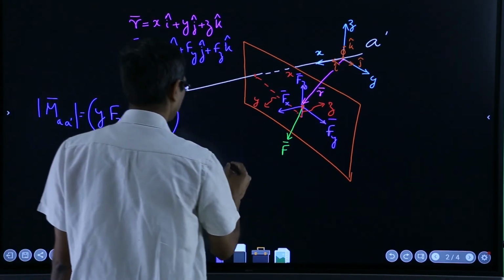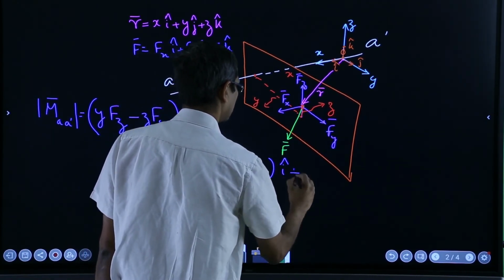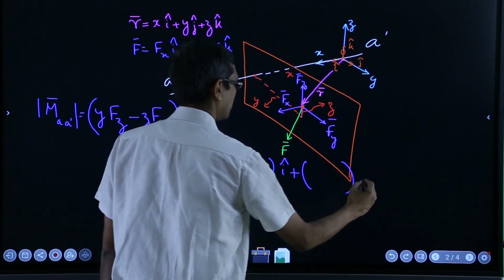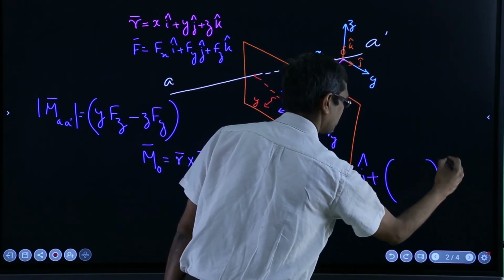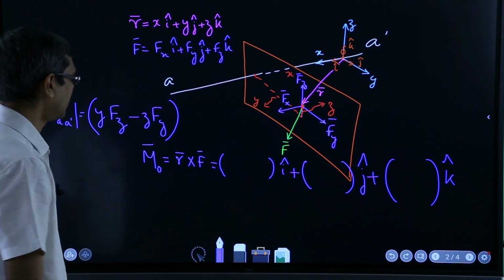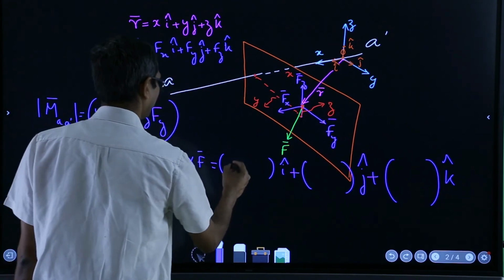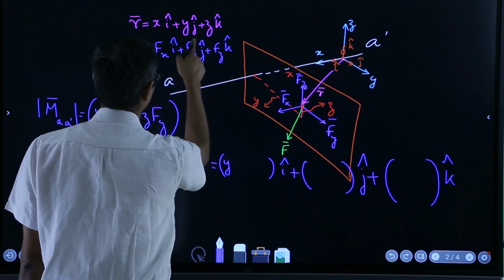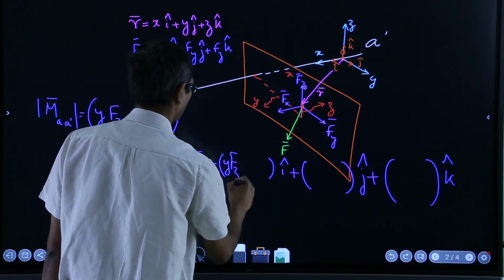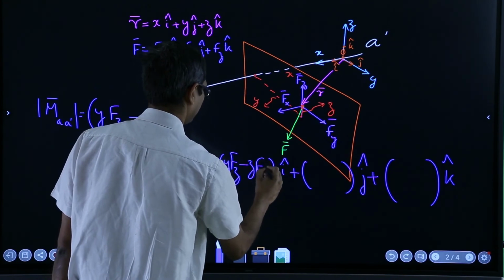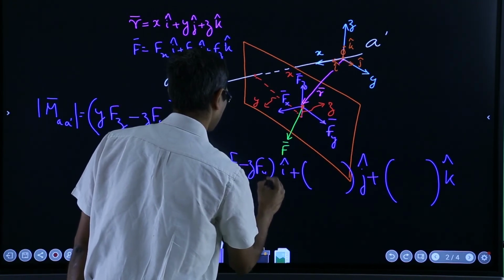So this will have three terms. The first term with i plus some other term times j plus some other term times k, right. In fact, if you calculate the cross product of this, you will actually get this. Sorry, this should have been y, right?